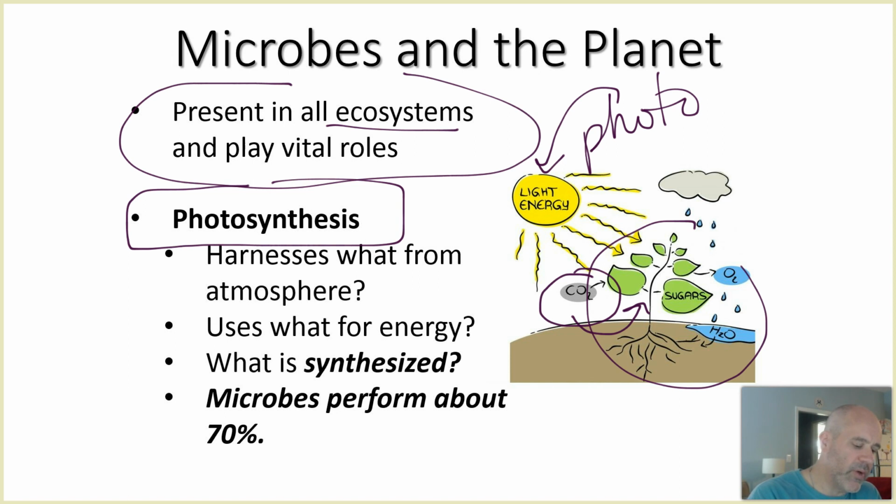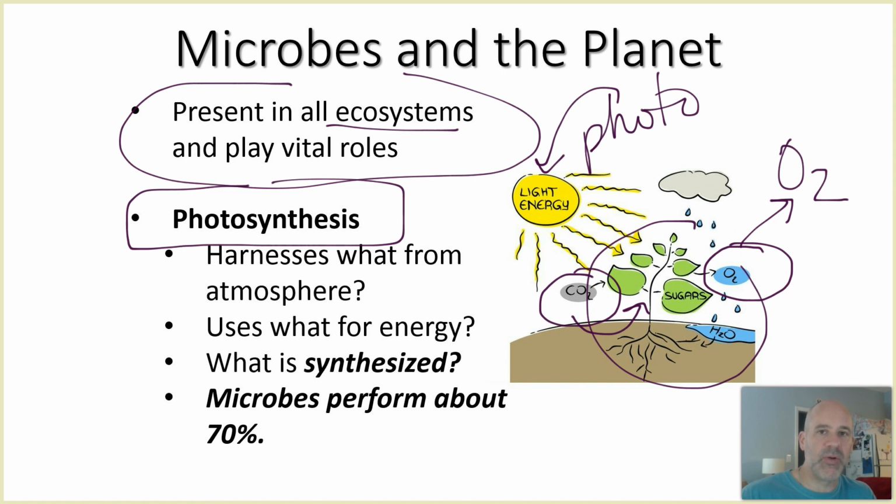And also notice that organisms that do photosynthesis give off O2, oxygen gas, to the atmosphere. So they take in carbon dioxide, they give off oxygen gas to the atmosphere. And hopefully you remember from your anatomy and physiology classes or freshman biology classes that organisms like us, we take in oxygen gas, we've got to use that for our survival purposes, and we give off CO2.